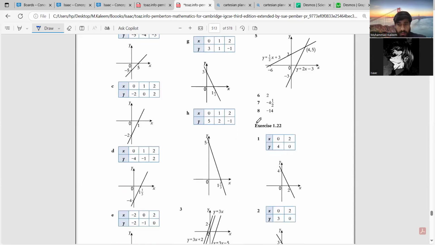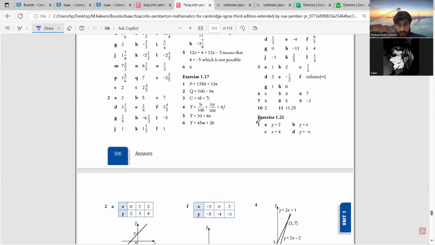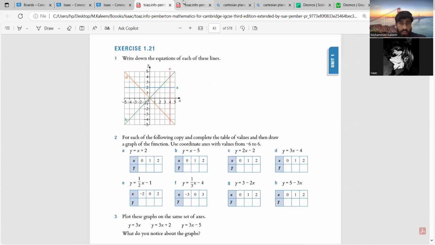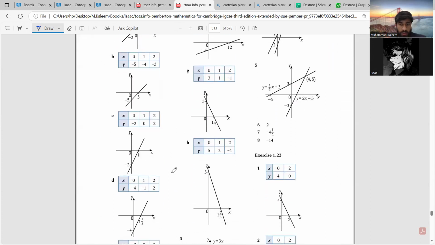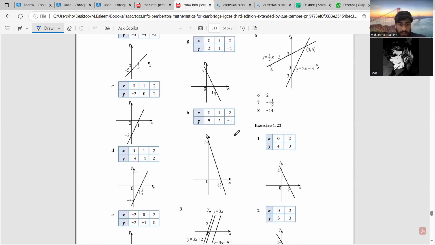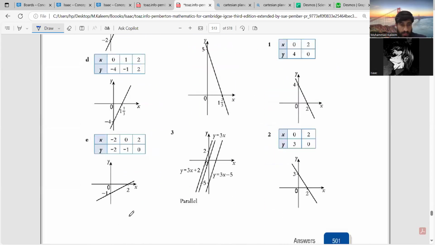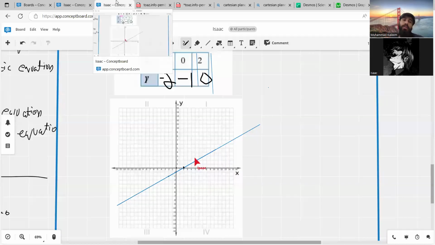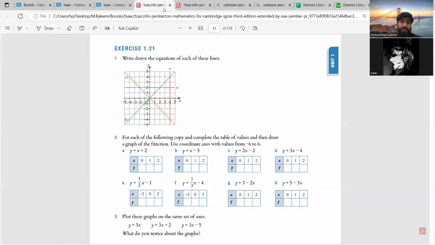Here we have the answer. 1.21, question number 2E. Yeah, this one. You can see here is the table, and here is the line. That's all. Got it? Okay. Let's move on to the next one.